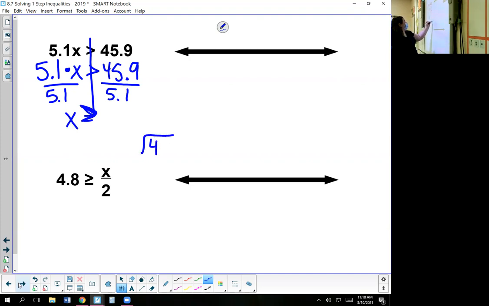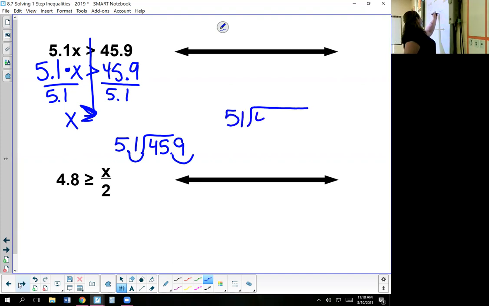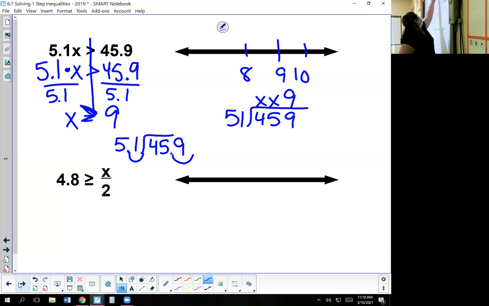So remember, numerator in the house, denominator on the outside, slide the decimals over, and then all you have to do is divide. 459 divided by 51 is 9. Exactly. I just took an easy number for you. Again, once you solve it, then you do 9, 8, 10. Open circle because it's not equal to. I want numbers that are bigger than 9.